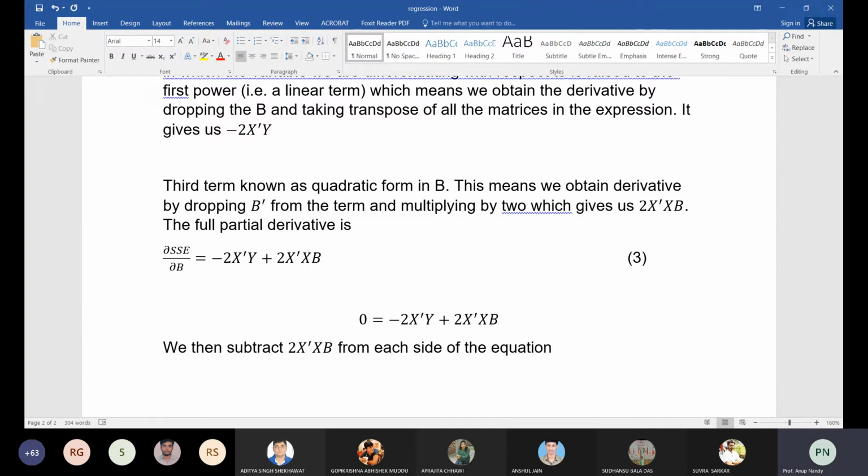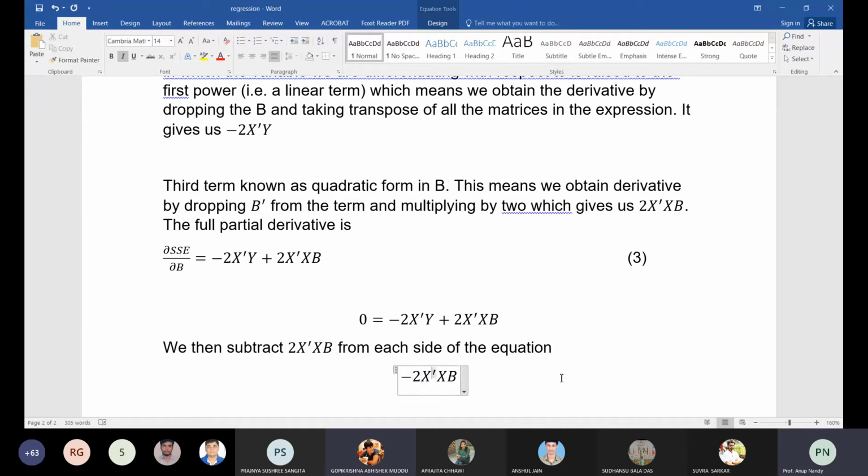From each side of the equation, then what you are going to get? x transpose xb is equal to x transpose y.